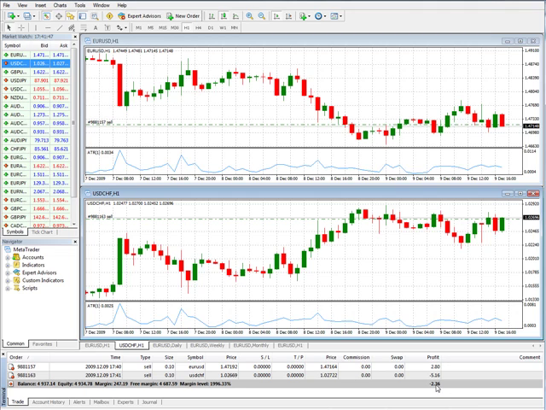Now you see that. Now the combination of these two things can be called what's known as a synthetic security. Okay, a synthetic security is like a made up security composed of several discrete individual components.